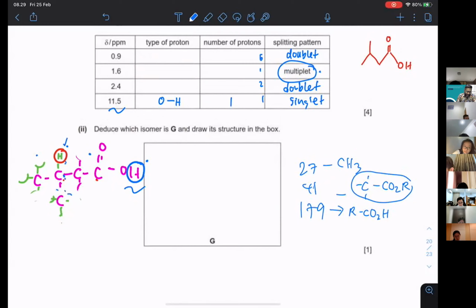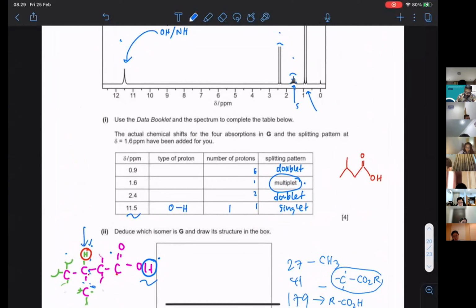So let's say 6, then only they have a multiplet. This is the one that will give you the multiplet. The hydrogen is attached to a C that is attached to 2 R groups, and then C double bond OOH. So that is going to be the number of protons.